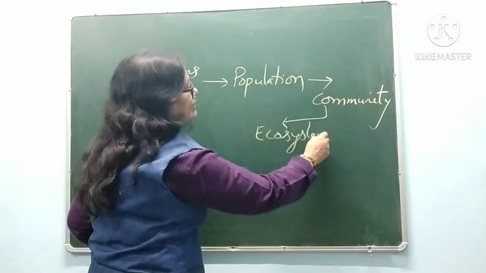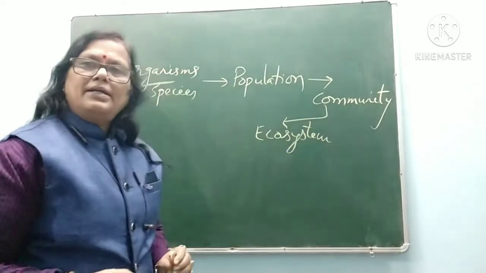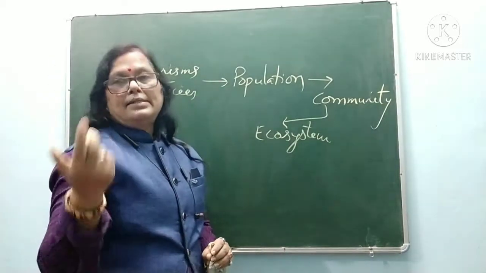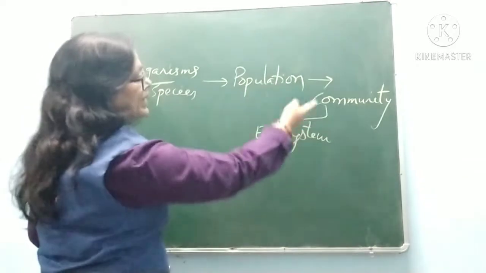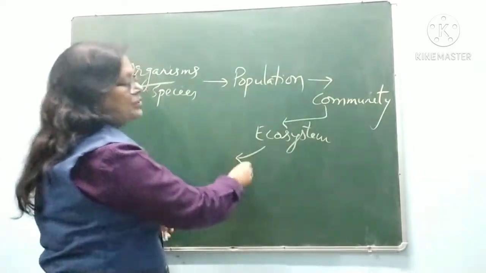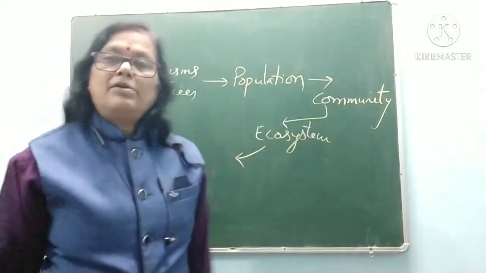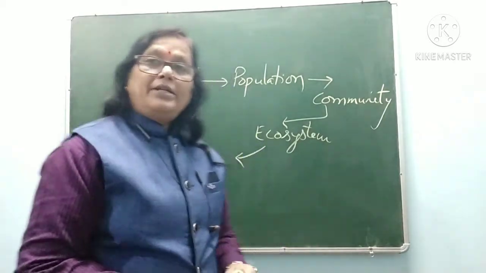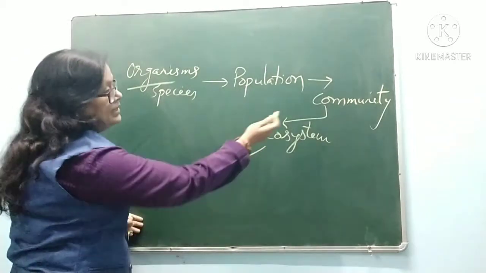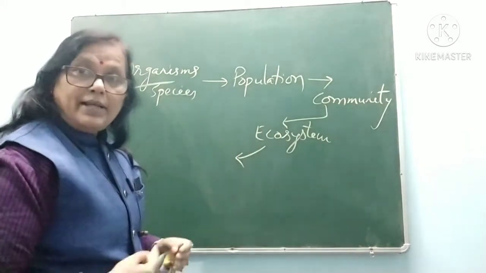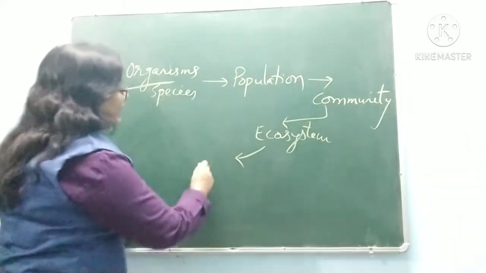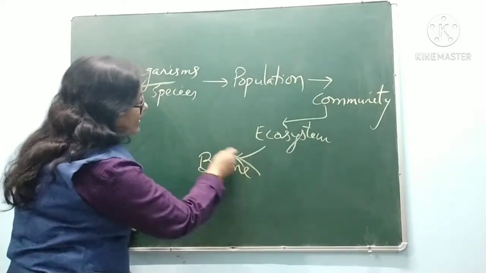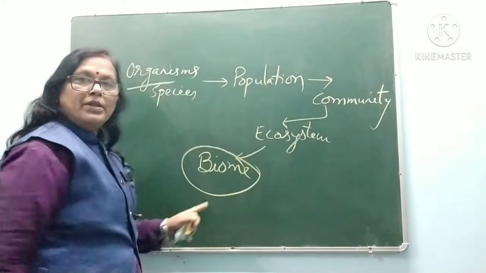Ecosystem is a body where interactions occur. You have studied in class 10th also and in class 9th also. Okay? Then various ecosystems in this geographical area form a higher level of organization than the community, and that higher level of organization is known as biome.